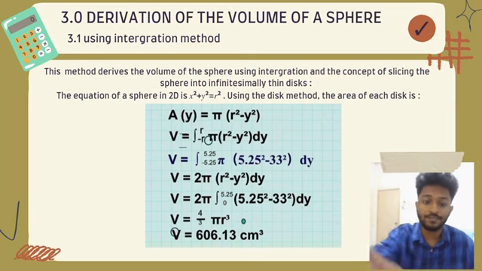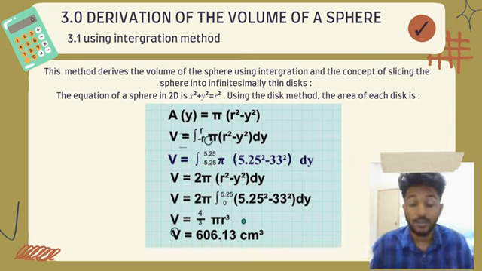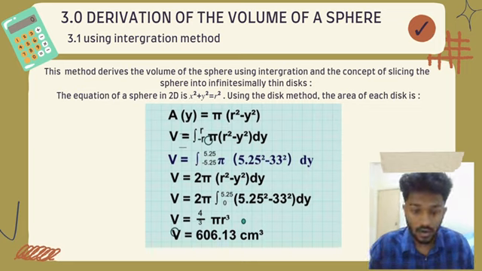On this slide, I would like to discuss the derivation of the volume of a sphere using the integration method. To begin, we need to use the formula of the sphere in 2D, which is x squared plus y squared equals r squared. By using the disk method, the area of each disk can be represented as A(y) equals pi times (r squared minus y squared).